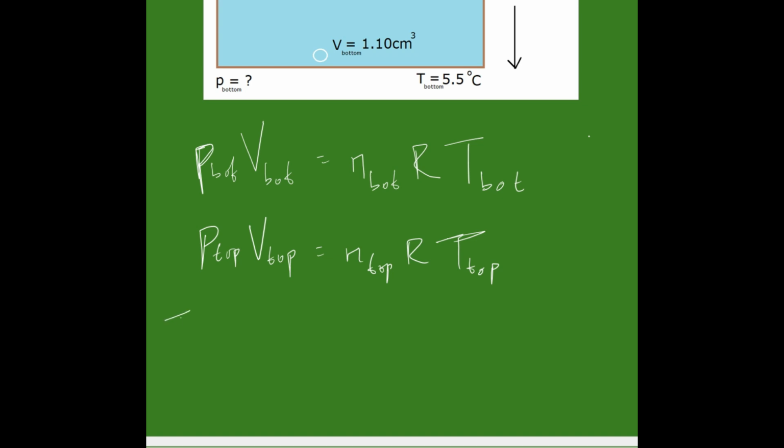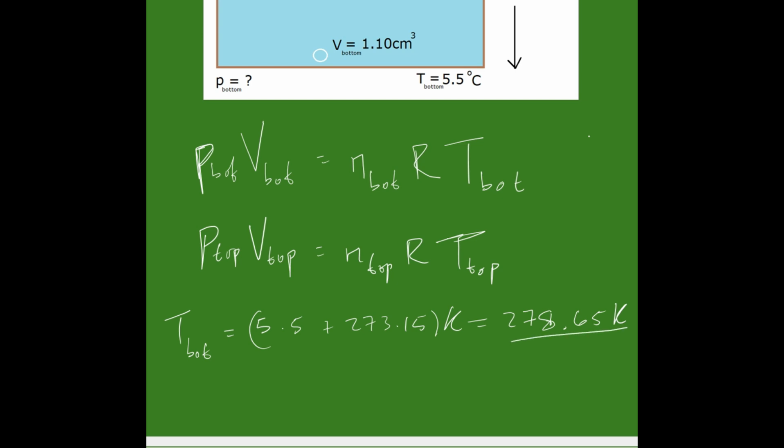So temperature at the bottom in Kelvin would be 5.5 degrees Celsius plus 273.15, and this number is 278.65 Kelvin.